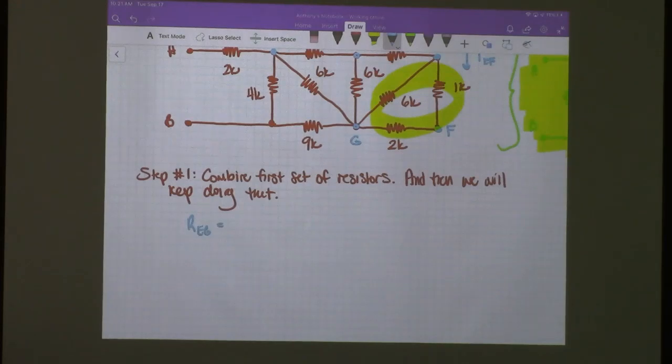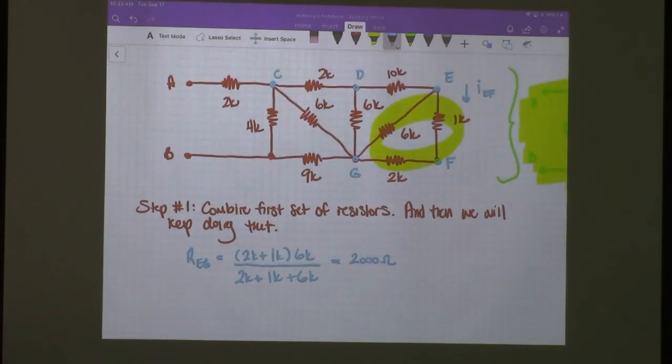And so that is going to be 2k plus 1k times 6k over 2k plus 1k plus 6k, which together gives us 2,000 ohms. It's 2 kilo ohms or 2,000 ohms. I was using kilo for the other ones. Okay.